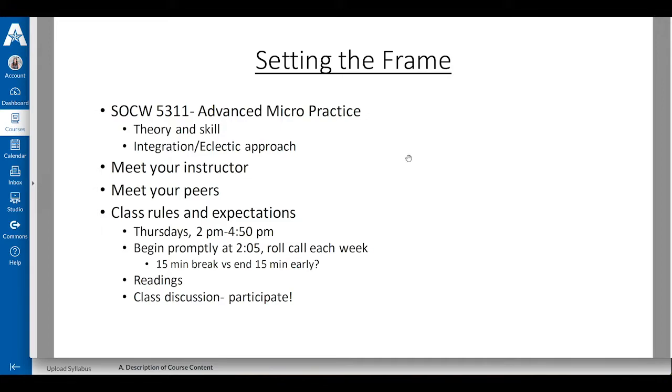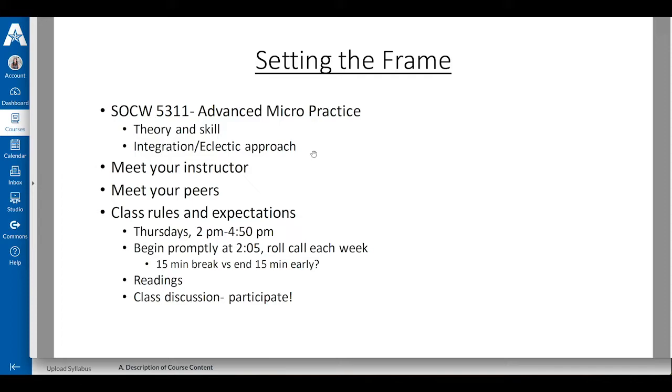Okay, so this semester, Advanced Micro Practice, there are 14 different theoretical orientations that we're going to go through this semester, which is a ton. So it's pretty fast-paced. And the main thing that I want you to understand is that there's a big focus on integration and the eclectic approach.